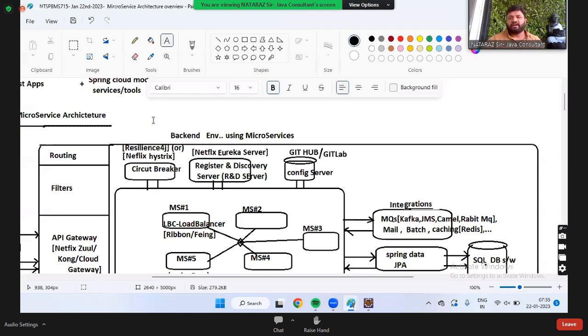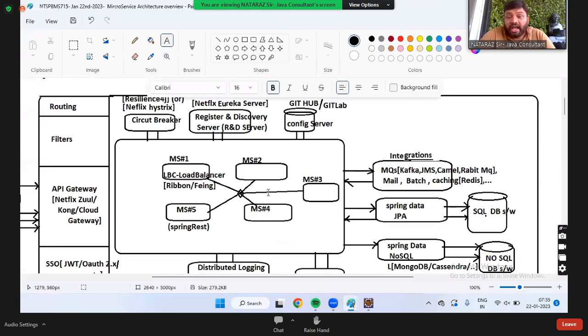Yes, guys. Now listen. Multiple microservices are in communication. We need to take care of logging across the multiple microservices to understand the flow of execution.